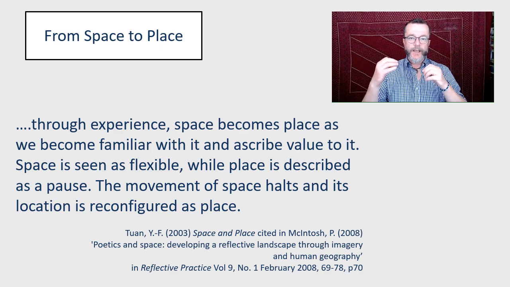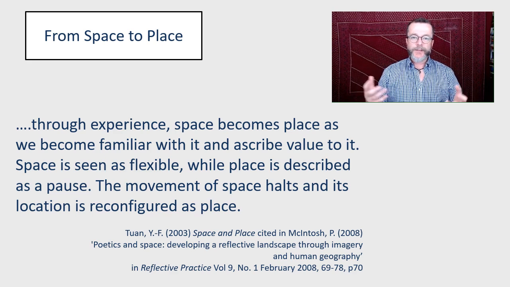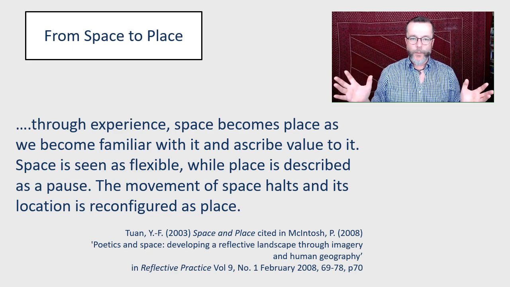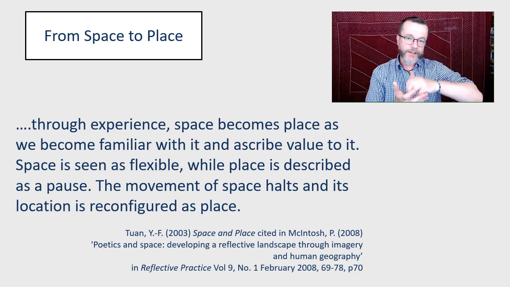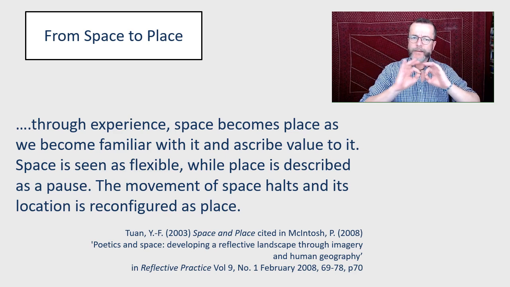If we say, once upon a time there was a prince and the prince was looking for a bride, that could be anywhere. We know that they exist in human time. We know that they exist in space, but there is no mention of place.